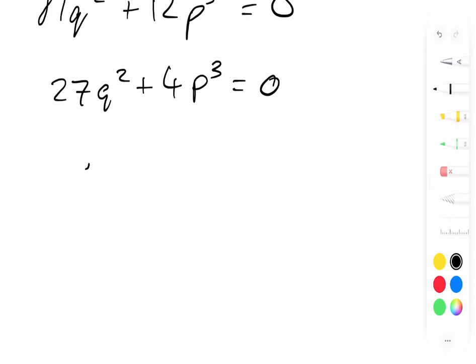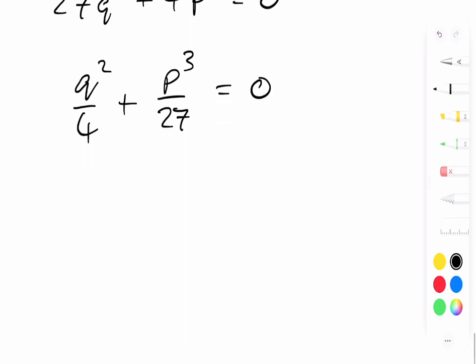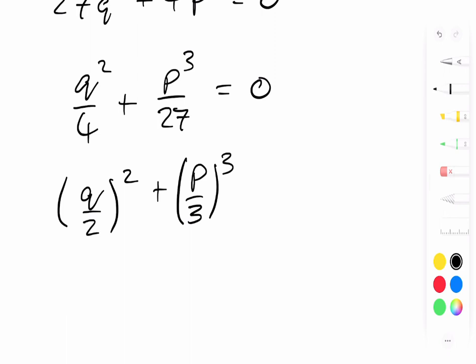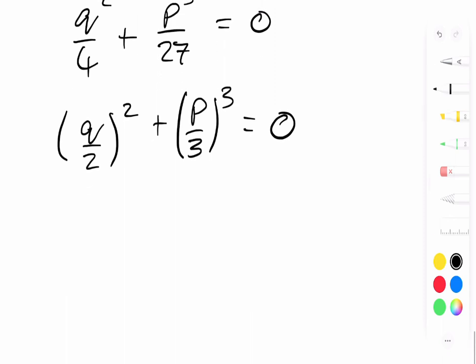That will give me q squared over 4 plus p cubed over 27 equals 0. And I can just put these into brackets, which will be q over 2 squared plus p over 3 cubed equals 0. And that is your discriminant for the cubic, which I showed in a previous video.